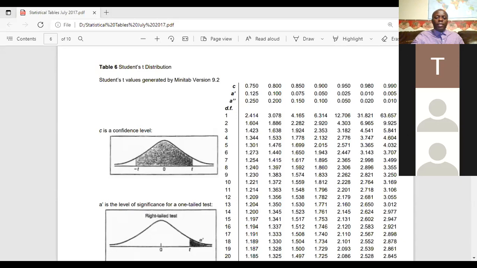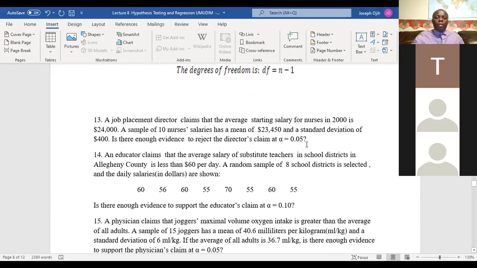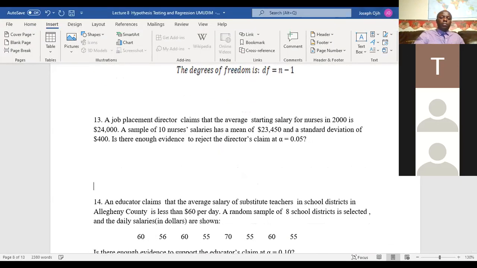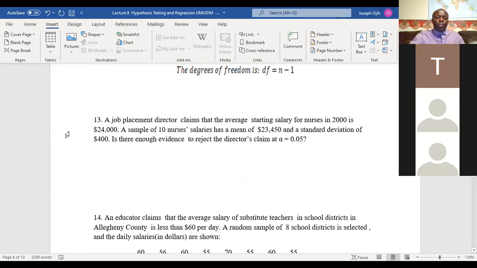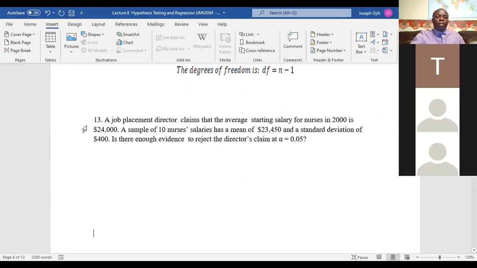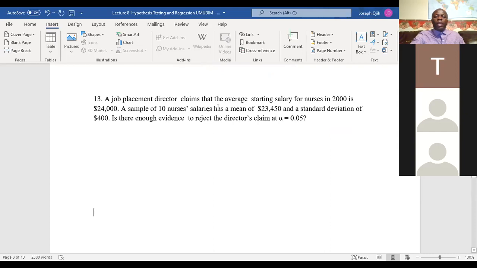So look at the first example. It says a job placement director claimed that the average starting salary for nurses in year 2000 is $24,000.